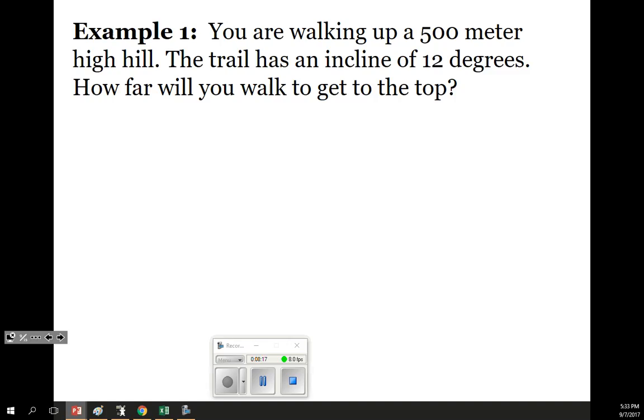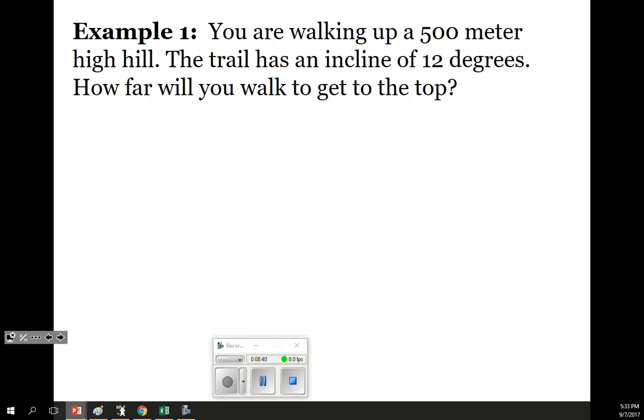So let's do an example here so that we can understand this. Now, my example 1 is actually your example 2 on your homework, just so that you know. In this particular example, it says we're walking up a hill that is 500 meters high.